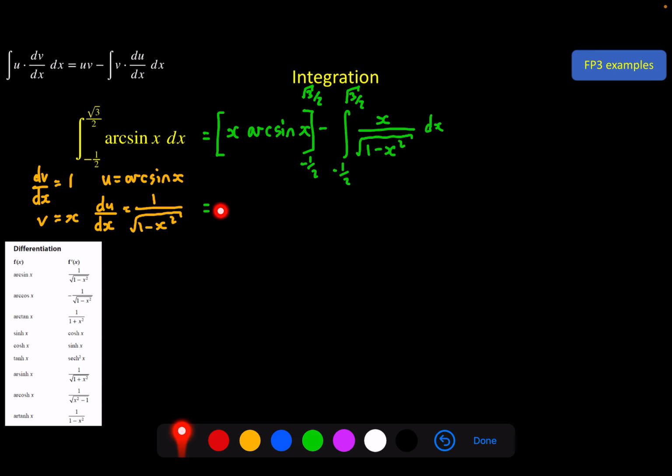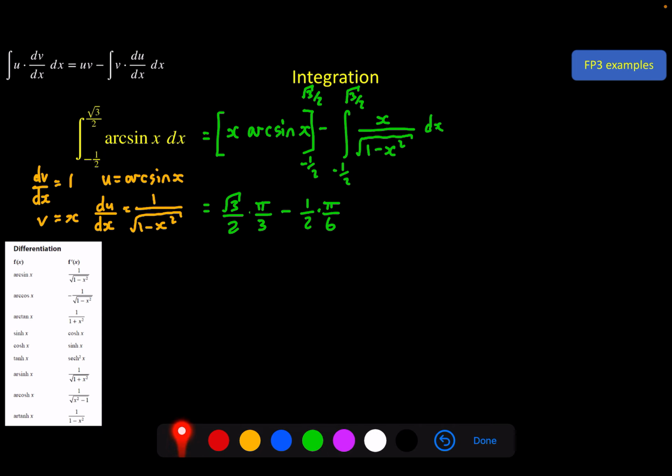So we've got root 3 over 2 times pi by 3 minus a half in there, and arc sine of minus a half. Arc sine of minus a half is minus pi by 6, so the two minuses cancel out and it's still a minus here. And we've got 1 over 2 times pi by 6.